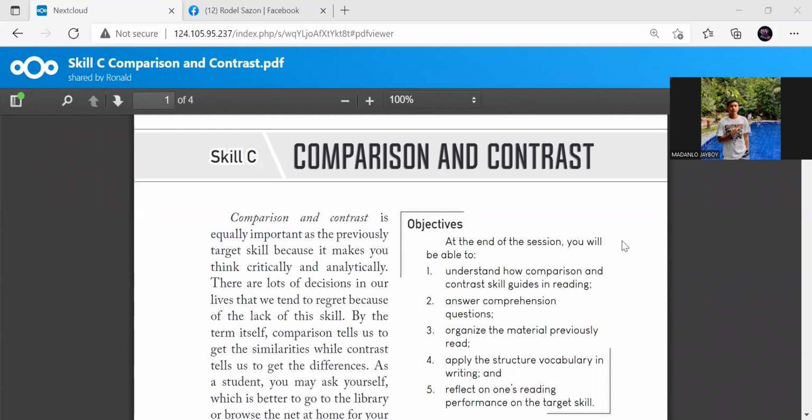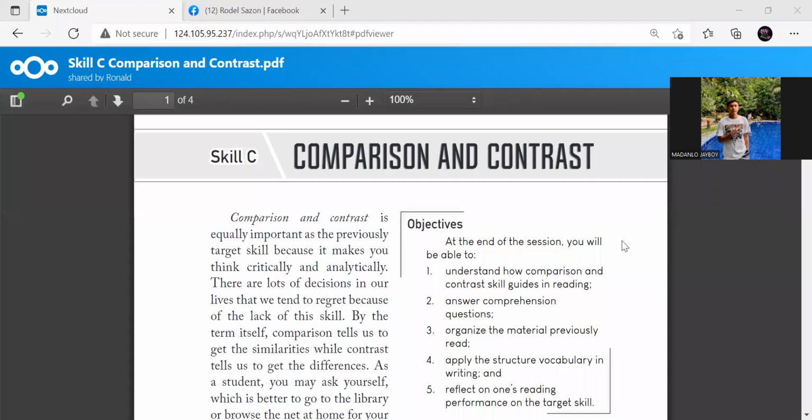Then you move on to the next area where you discuss both of them, and another third area. You can actually have more than three areas, but for the sake of practice, we just opt to choose three areas of comparison.